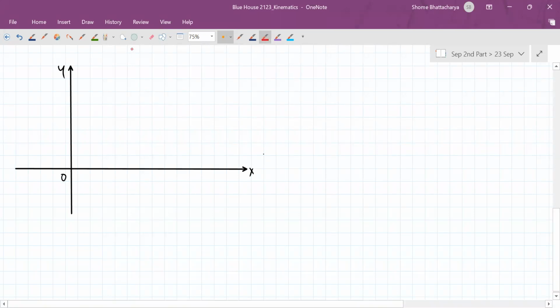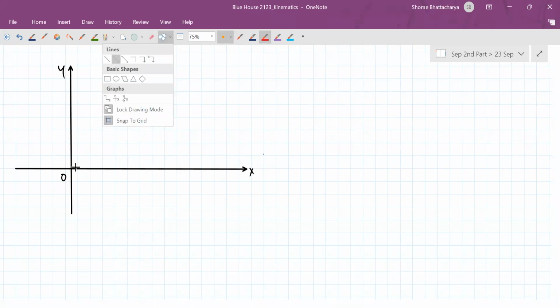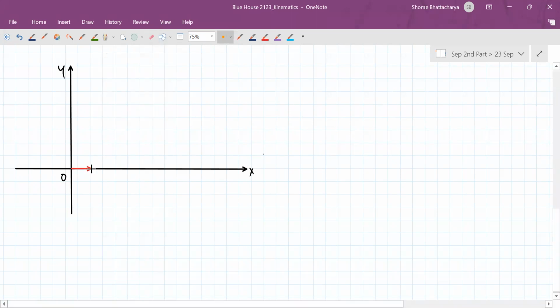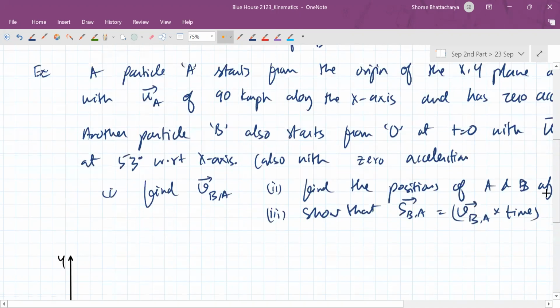So what is happening is that one of them starts from here at t equal to 0. Sir, for B we have to find the velocity along x-axis. No? Yes. The A's velocity is directly 90 I cap, right, in kilometers per hour. But B's velocity 150 at an angle of 53, right?